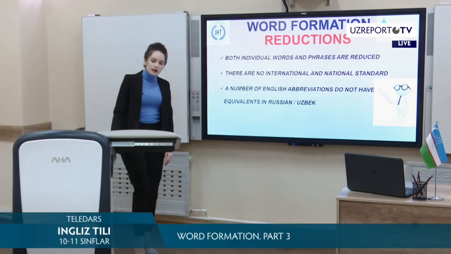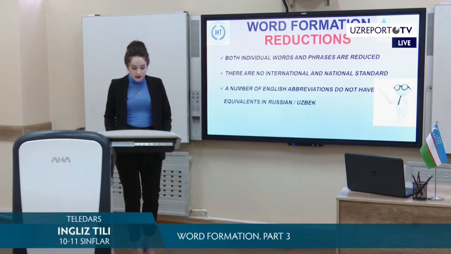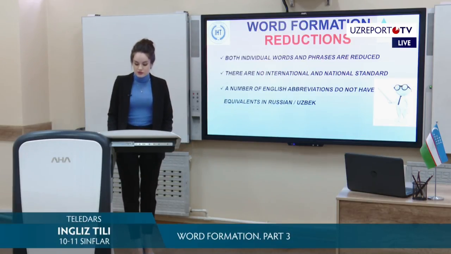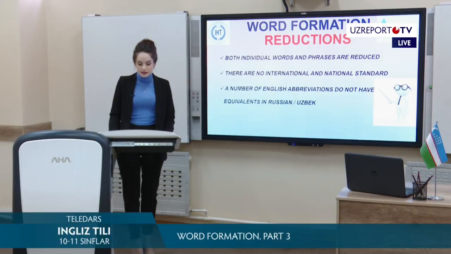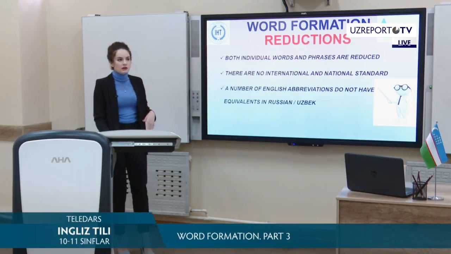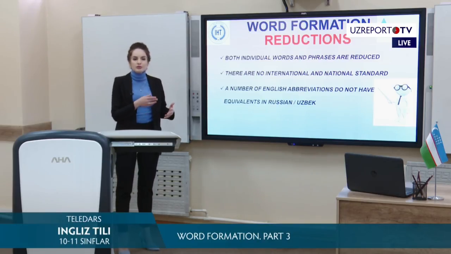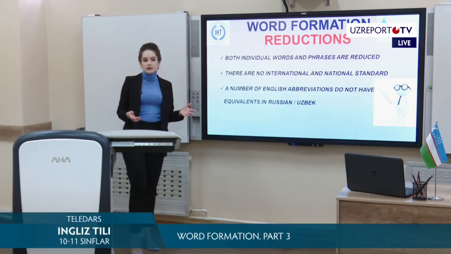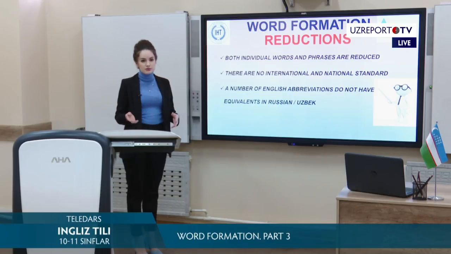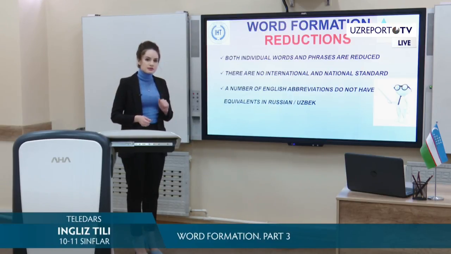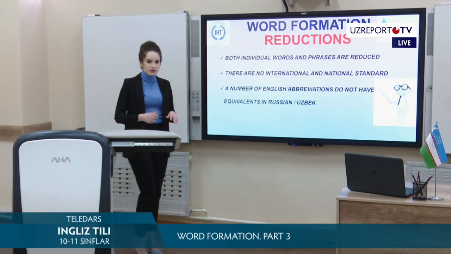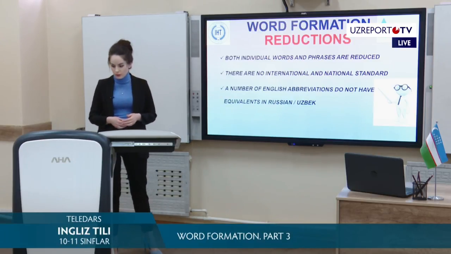And the last fact is that a number of English abbreviations do not have equivalents in Russian or Uzbek. It means that if you have some particular abbreviation in English, it doesn't mean that you will have the same abbreviation in Russian or Uzbek. Please remember this fact, or maybe you will be confused in a dialogue with someone.